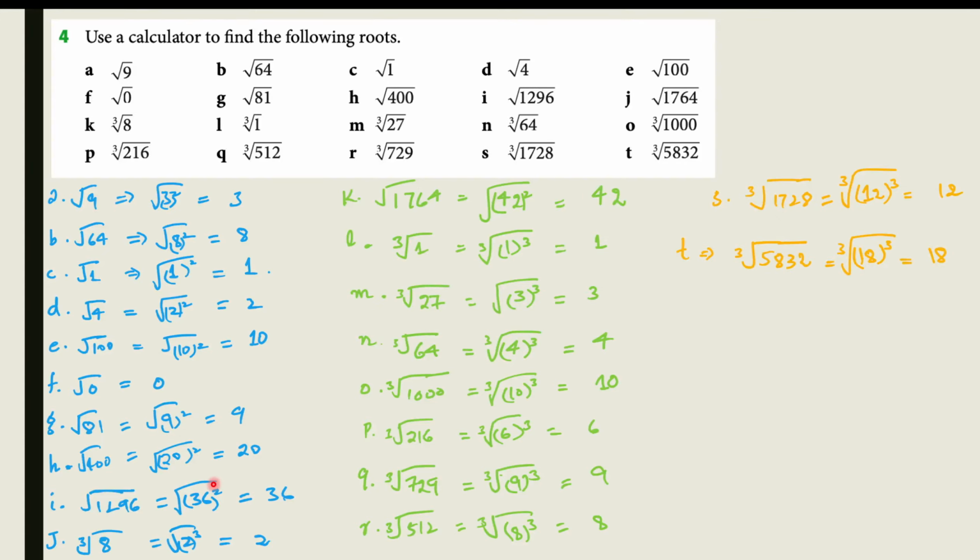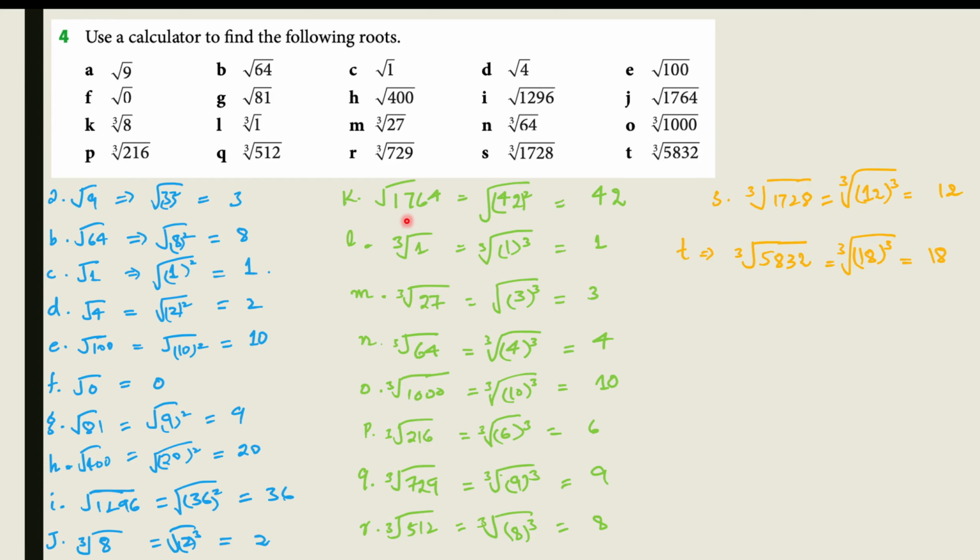When coming to the cube root, a cube root is a number which is multiplied with itself 3 times and gives the original number. So when we talk about the cube root of 8, it is equal to 2, because it is 2 multiplied by 2 multiplied by 2 that we get the cube root of 8.